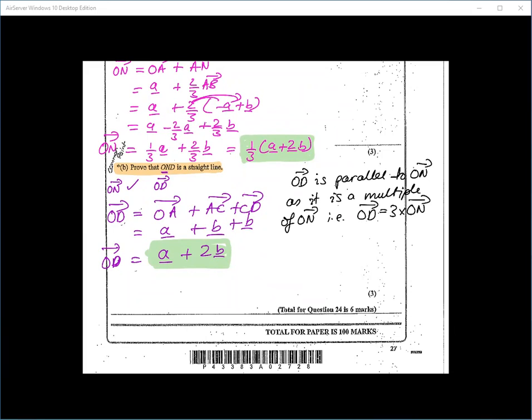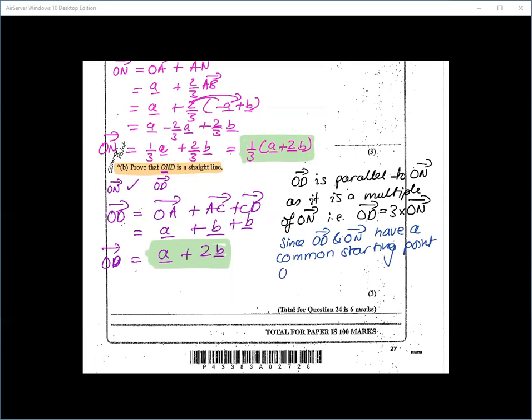Now let's change to a different color. Next, since O to D and O to N have, what's the keyword here? A common starting point, O. It makes it a straight line.